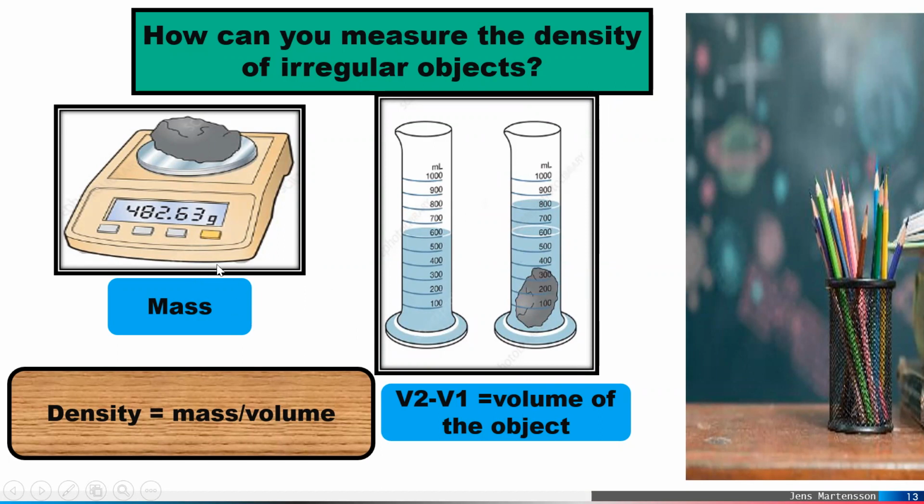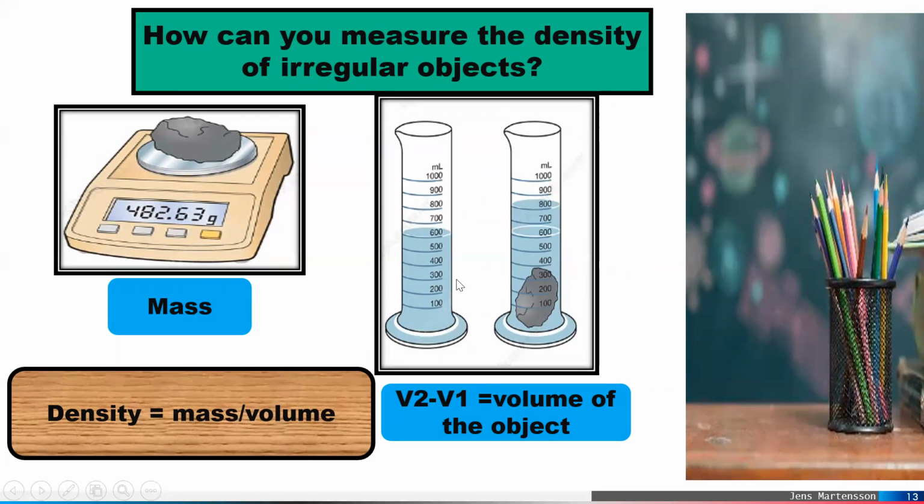The mass can be extracted directly from the balance: place the object on a balance and just record the number you have on the balance to measure the mass of this irregular object.